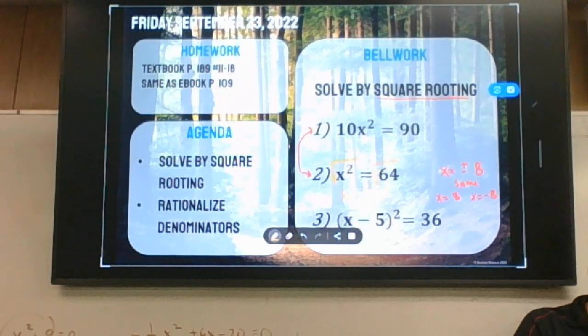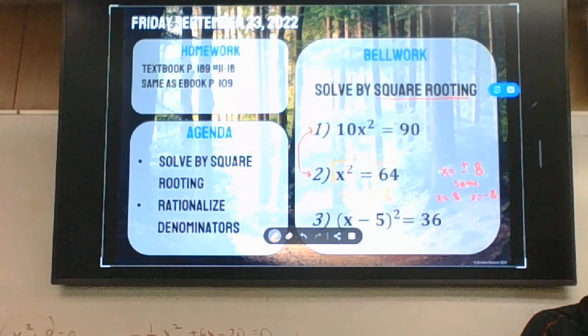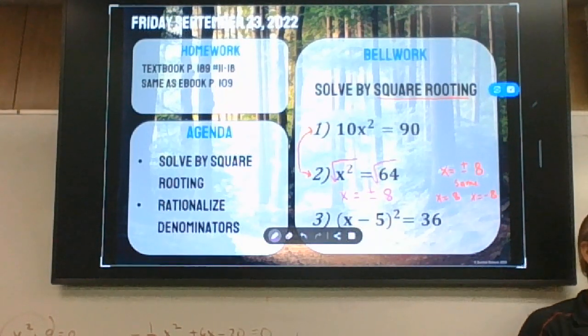And I say x is plus or minus 8. Can you see this orange color on the bar? Better do it even darker. So we square root both sides to come up with that 8 if it was, you know, a more difficult number.